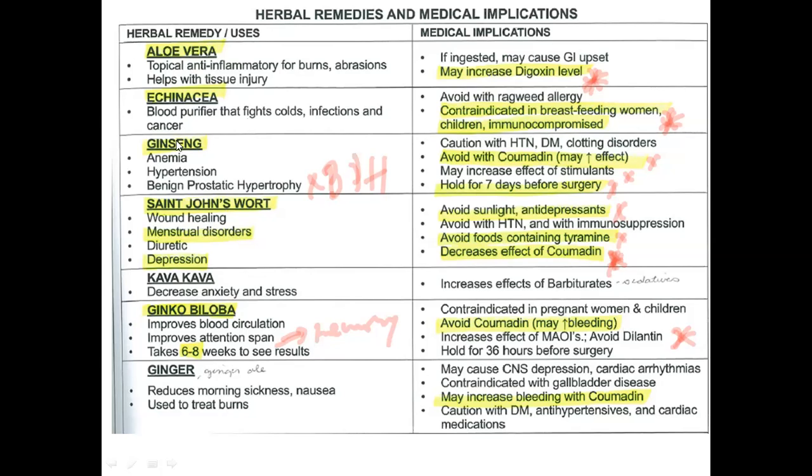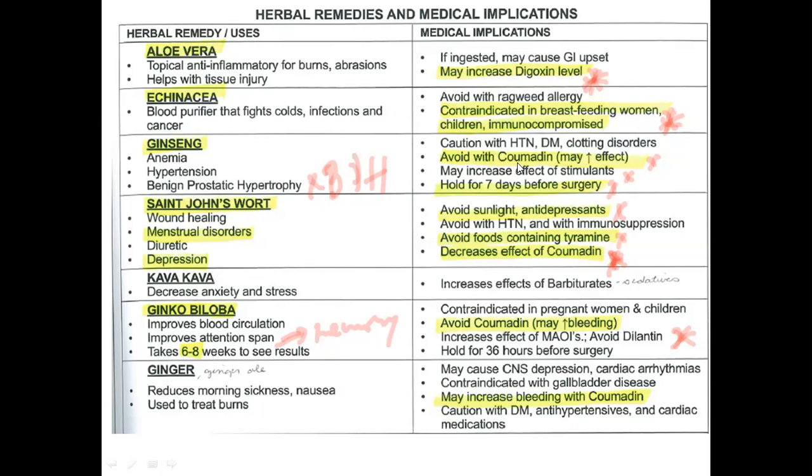Ginseng is used for hypertension or benign enlargement of prostate or anemia. So when you give the ginseng, you have to follow some precautions, okay? And what are they? Caution with hypertension or diabetes or clotting disorder. Avoid with coumadin.